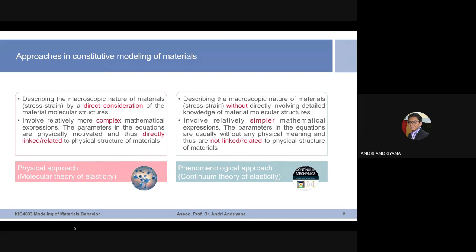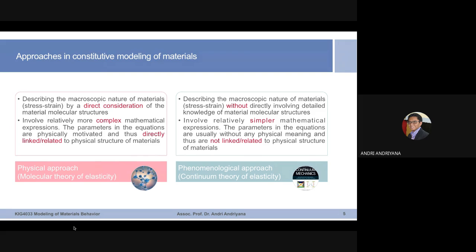If you are using the physical approach, because you consider the molecular structure of materials, the mathematical equation describing stress and strain is usually complex. The equations will involve parameters, constants, and the constants have physical meaning.